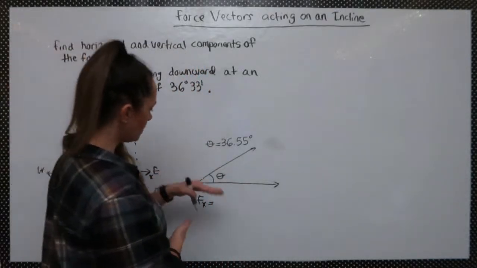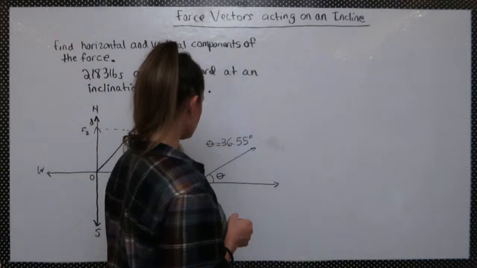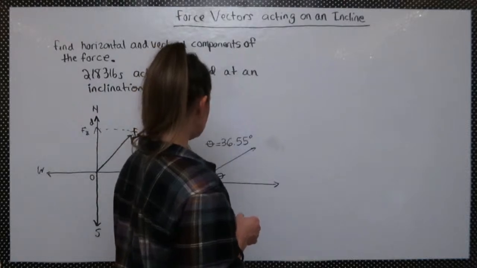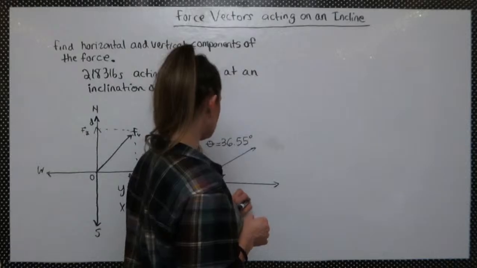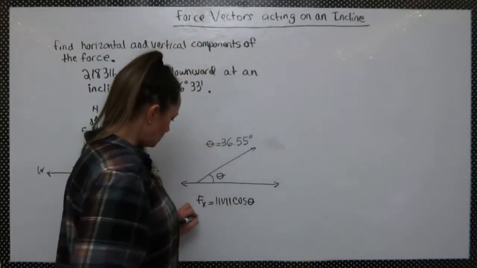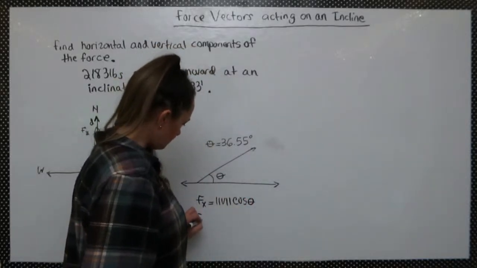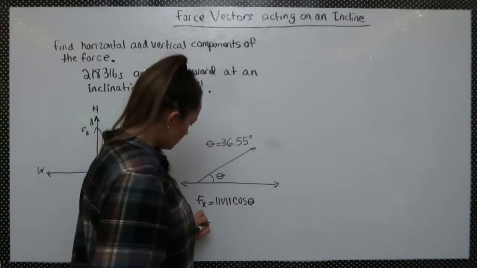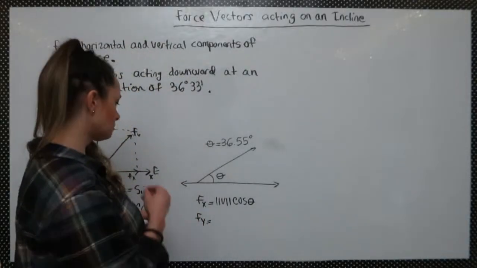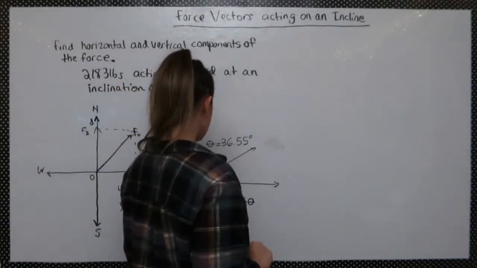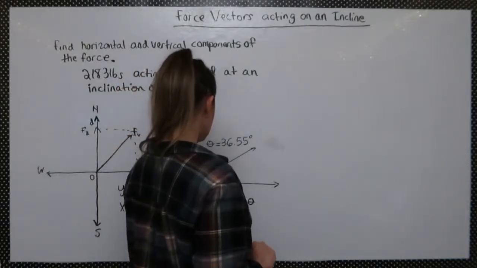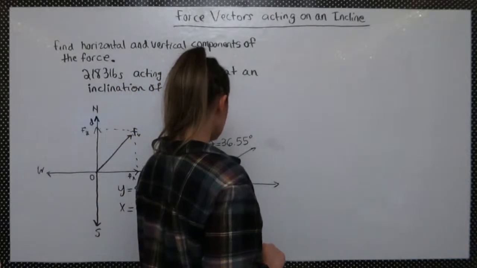So f of x is the magnitude of v times the cosine of theta, and then you have f sub y, so it's going to be your horizontal component, the absolute value of v sine theta.